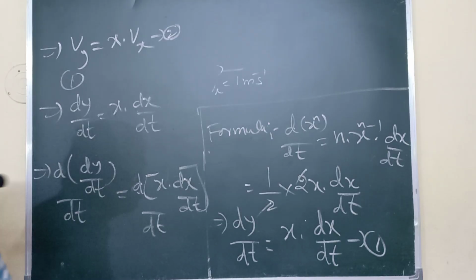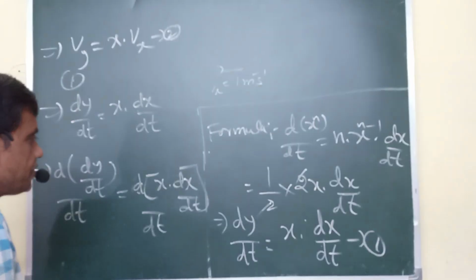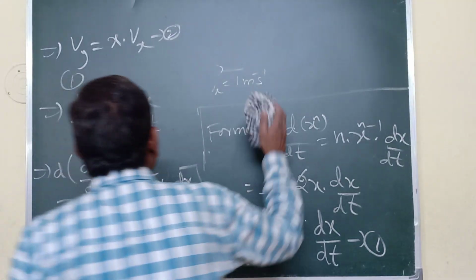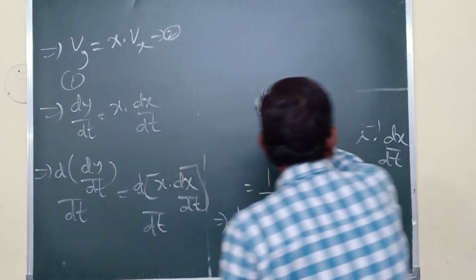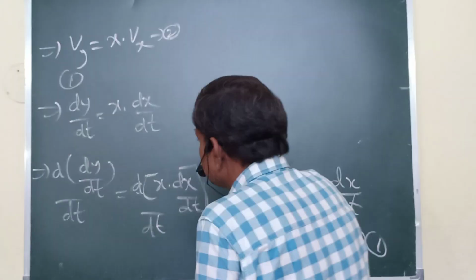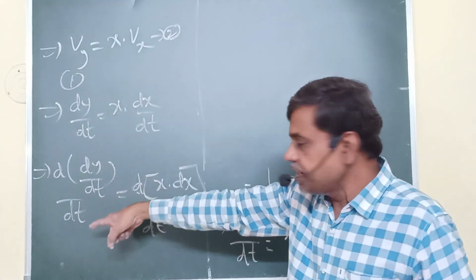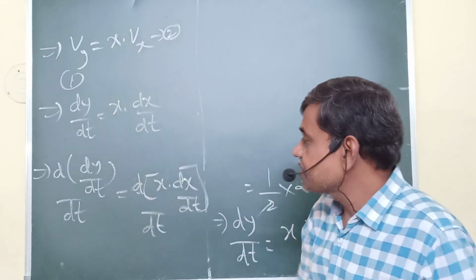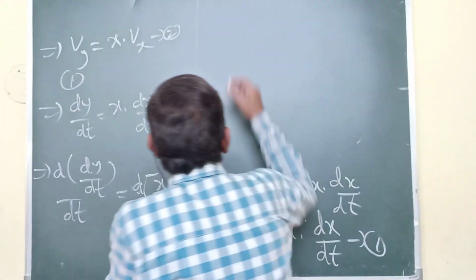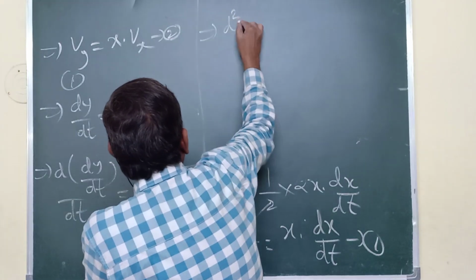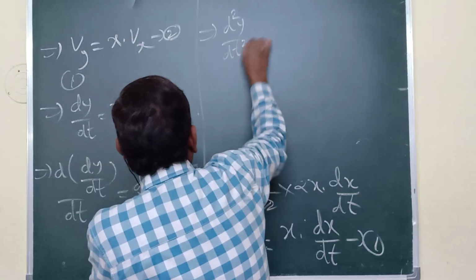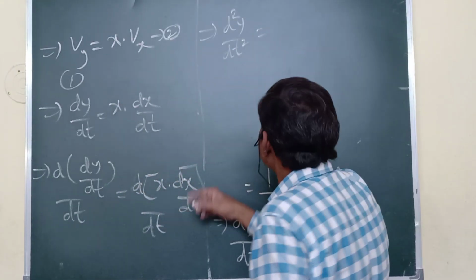The differentiation of dy by dt with respect to t is the second differentiation, d2y by dt2. What is the formula here?